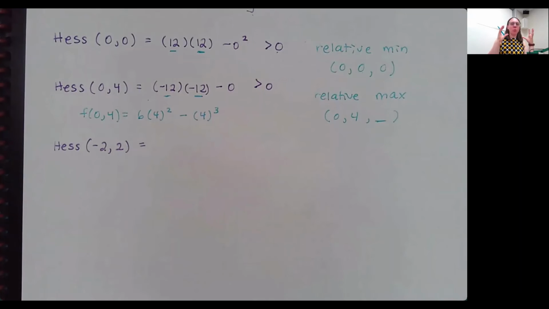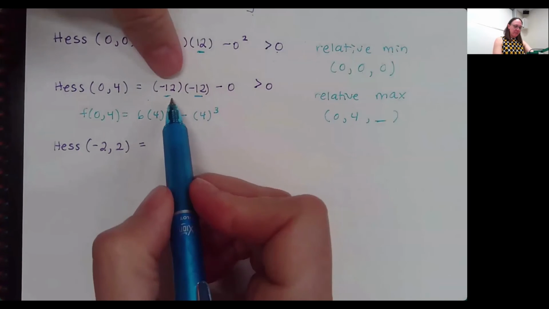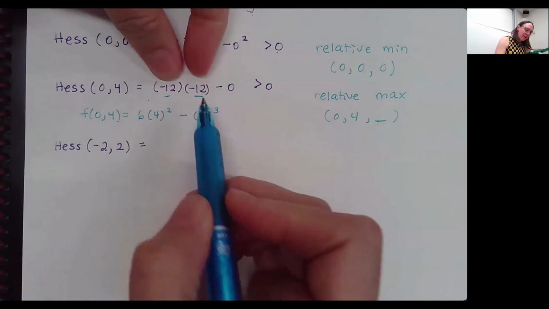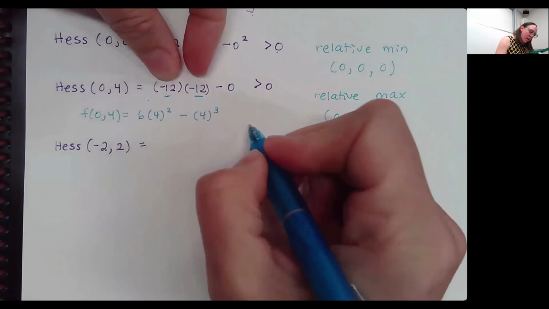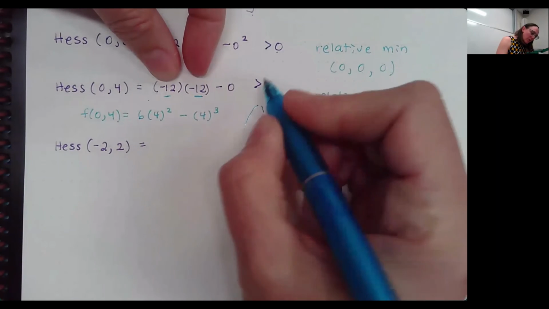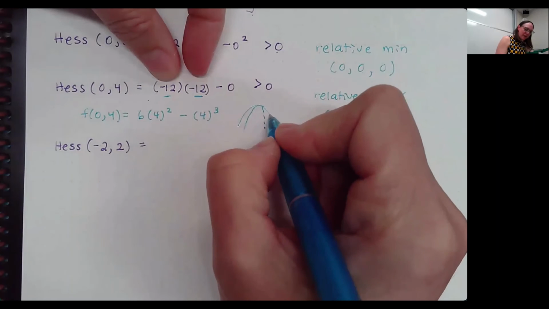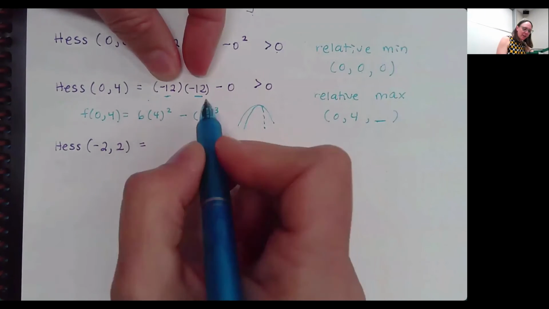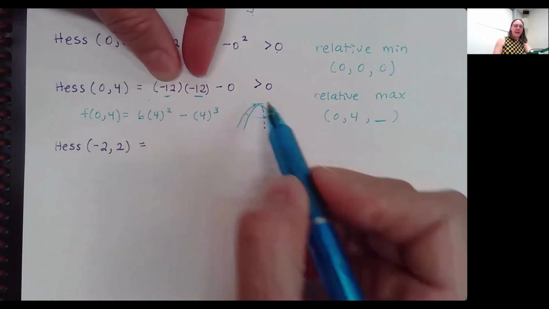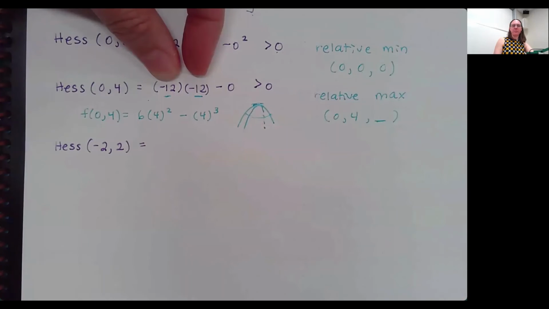I'm just looking at what's happening on the graph very, very near that critical point. These are both telling me about the concavity. So that's telling me that I'm concave down in the x direction, and I'm also concave down in the y direction. So very near that critical point, whatever else is happening, I know that I had to be at a relative maximum.